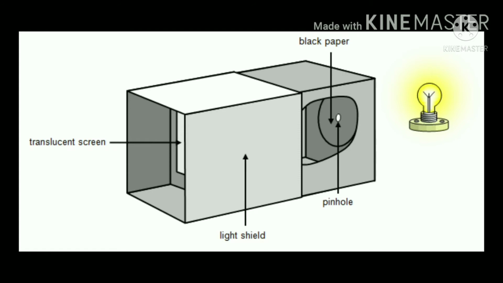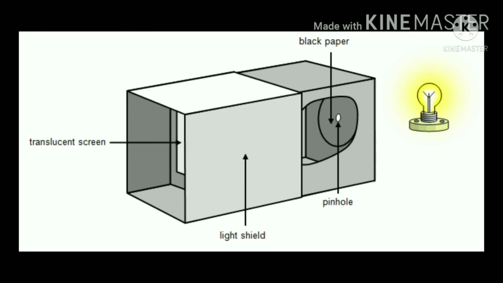Light falls on the hole and an inverted image is formed on the side opposite to the hole. Why an inverted image? Because we already learned light travels in a straight line, isn't it?